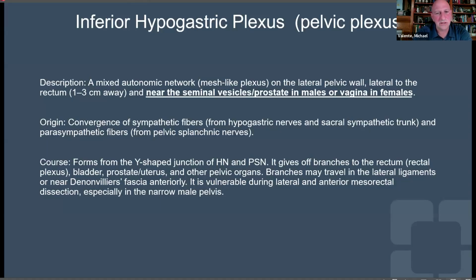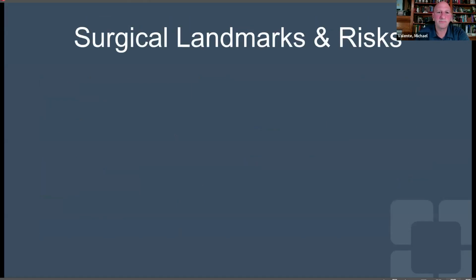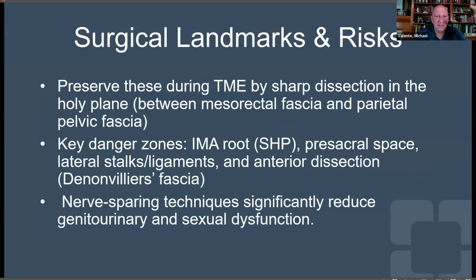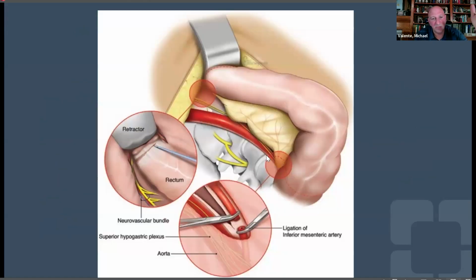These are the ones that cause impotence, essentially. So preserve these during TME. Sharp dissection in the holy plane, the IMA root, presacral space, lateral stalks, and the anterior dissection are your zones of danger. Nerve sparing techniques and robotic surgeries obviously helped out quite a bit.